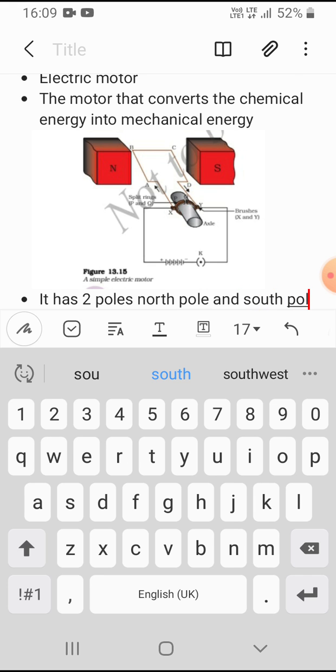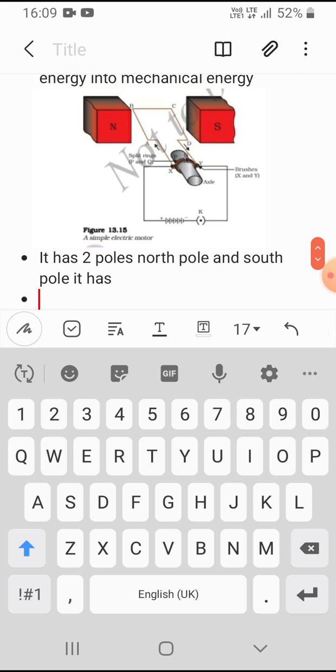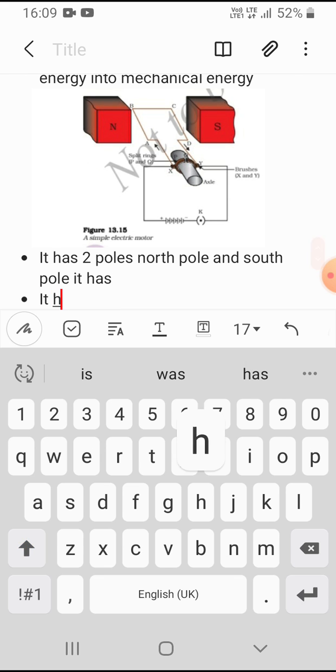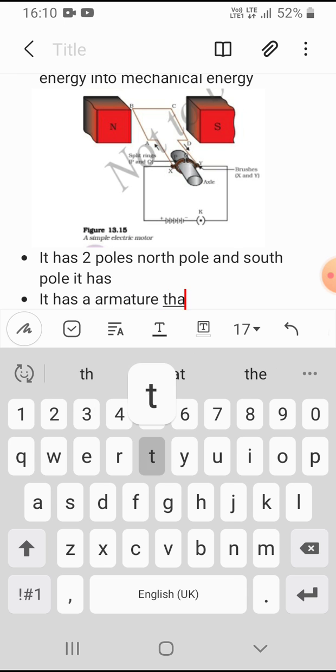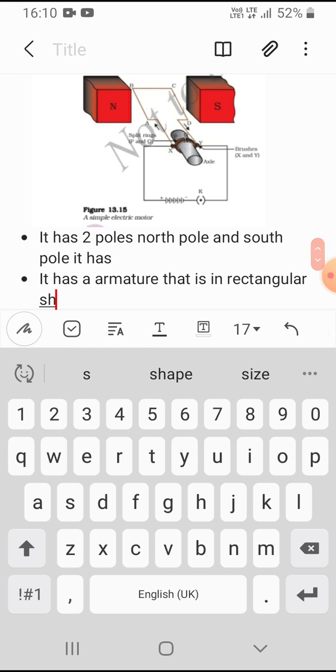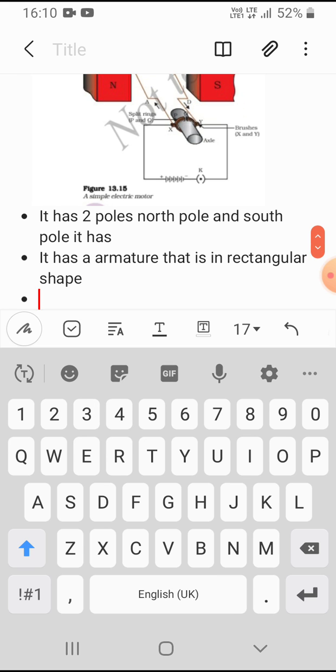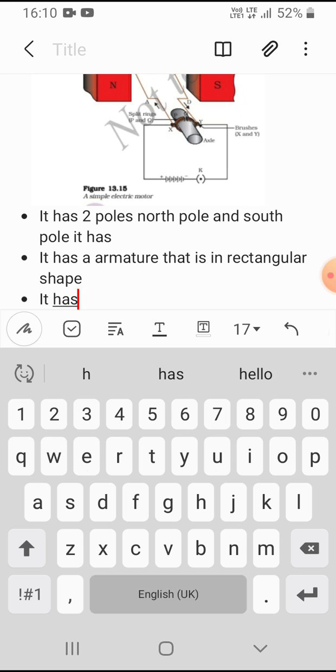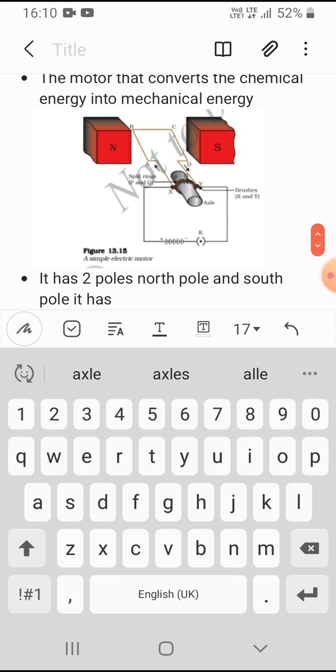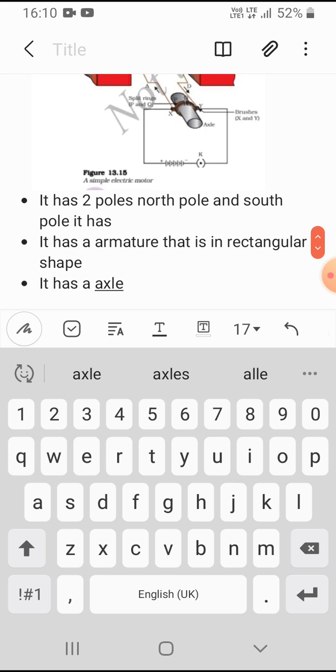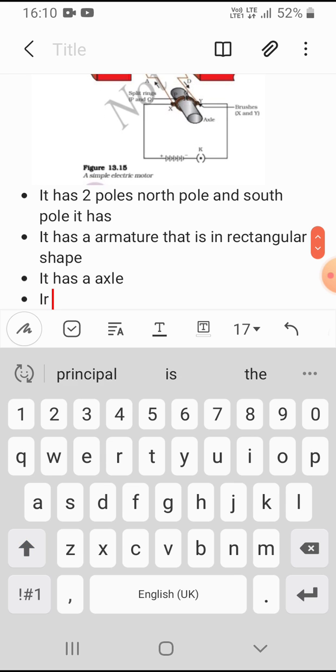It has an armature that is rectangular in shape, and it has an axle, there you can see the round part. And it has a split ring.